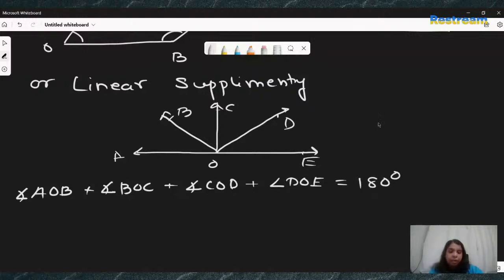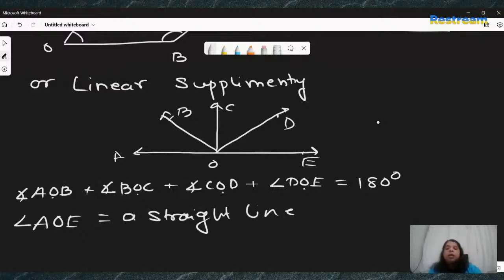Together they make 180 degrees, and all of them have their vertices on one single point, on a single line. So basically the AOE angle is a straight line. Okay, so then only they are called linear supplementary.